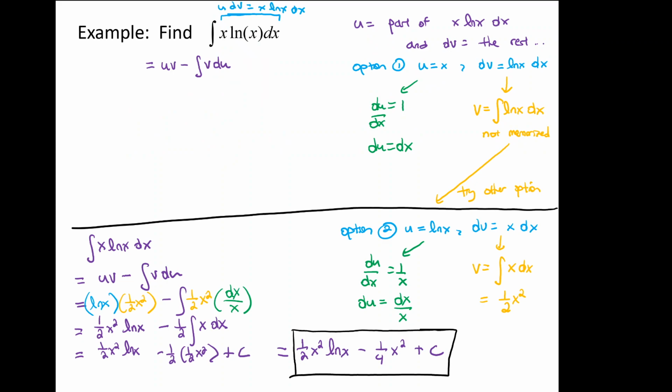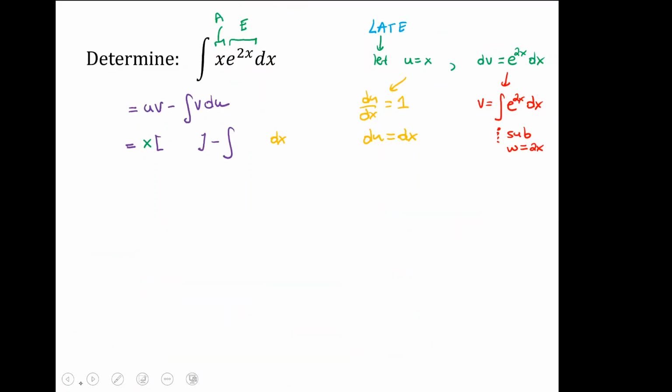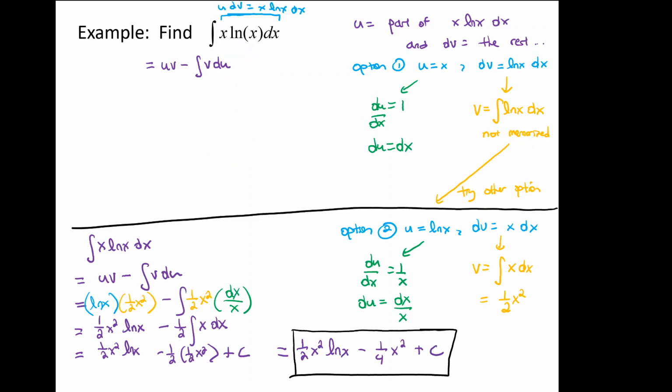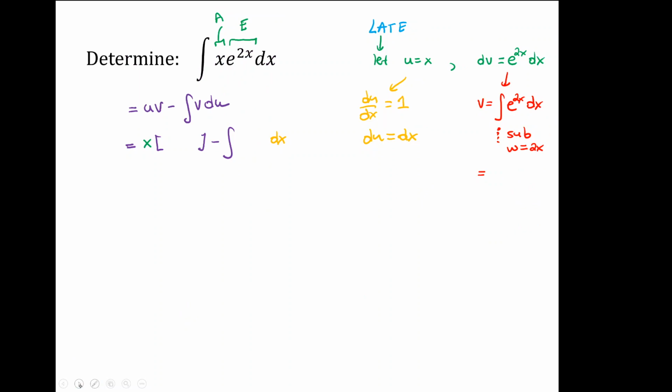Basically I don't want to have u appearing twice in the same problem in different ways. So after going through the substitution process, you'll find that v is 1/2 e to the 2x. Now sub that in both pieces, 1/2 e to the 2x.